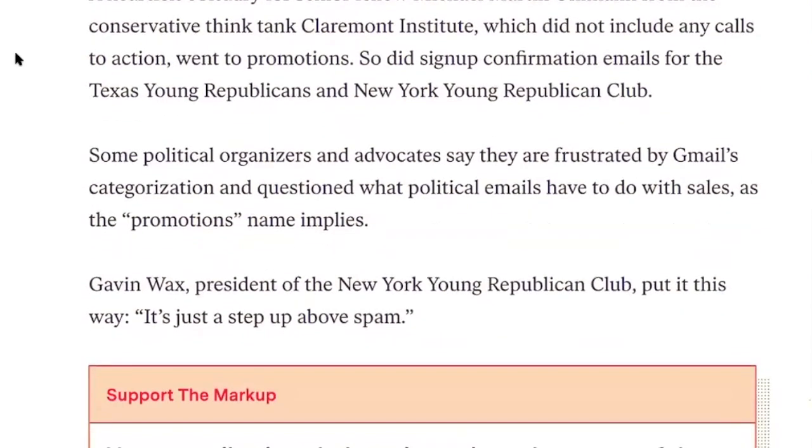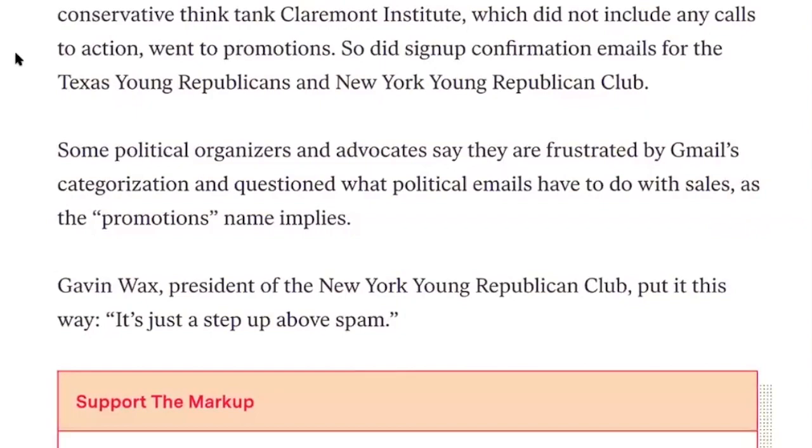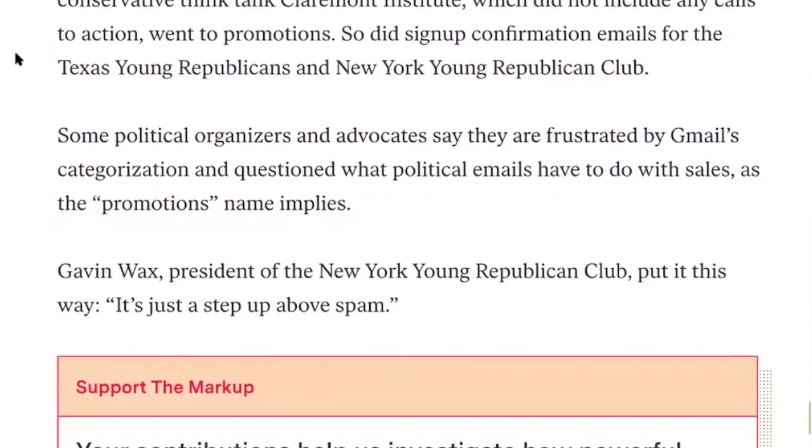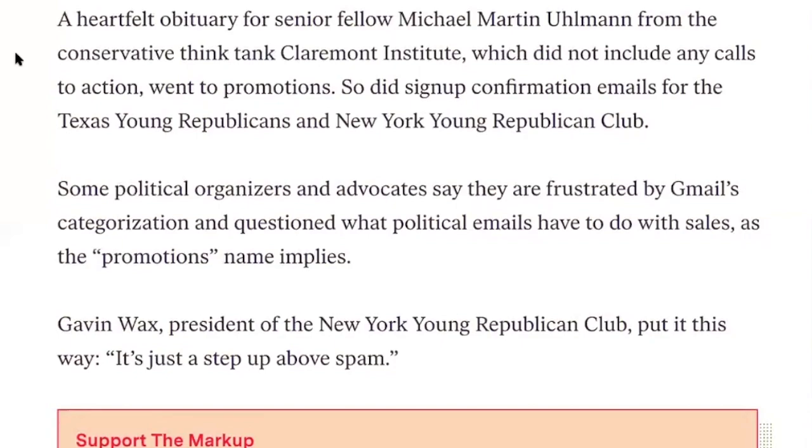So some political organizers and advocates say they're frustrated by Gmail's categorization and question what political emails have to do with sales, as the promotions name implies. Gavin Wax, president of the New York Young Republican Club, put it this way: it's just a step up above spam. So I think that's a pretty classic kicker.